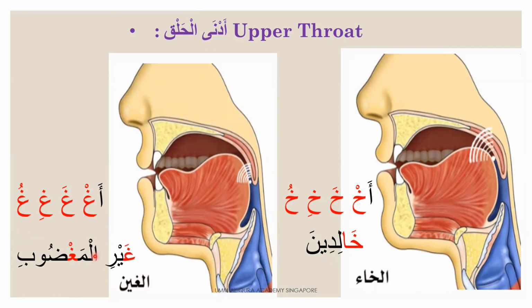Many associate it with the sound when we gargle our mouth with water, argh, argh. The grinding sound of the throat must be present, but it is more blunt, not as sharp as kha.